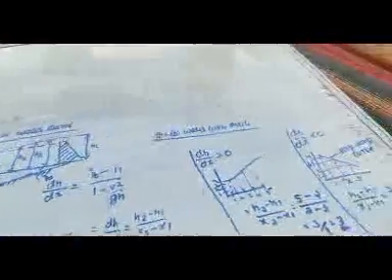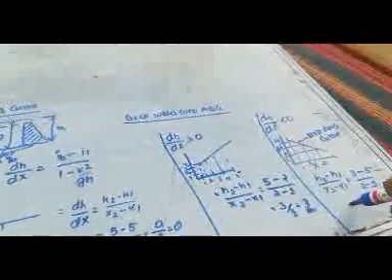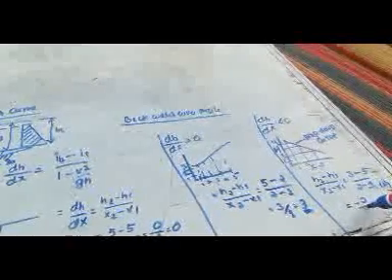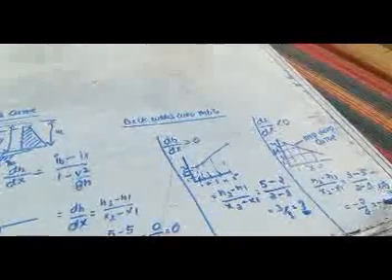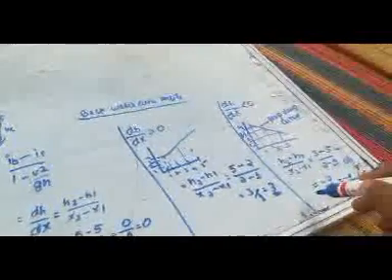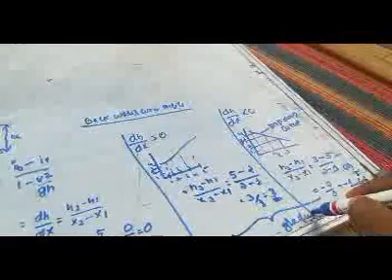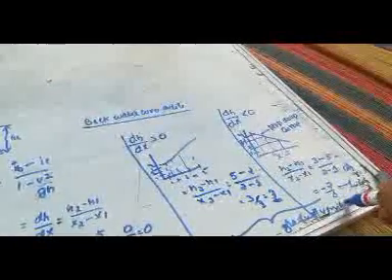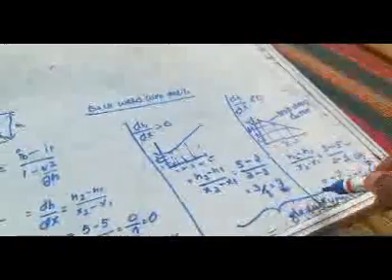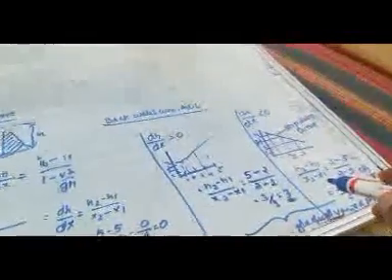So 3 minus 5 over 2 minus 1 becomes minus 2 by 1, so minus 1. So this is called gradually varied flow. This is also gradually varied flow. These two are gradually varied flow. In backwater flow, it's considering these two flows as gradually varied flow.